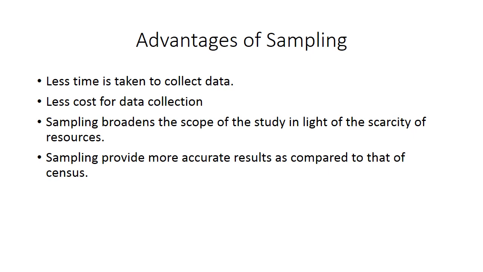It saves time, it is cost effective, and most importantly, sampling broadens the scope of the study in the light of the scarcity of resources. It provides accurate results as compared to that of census.